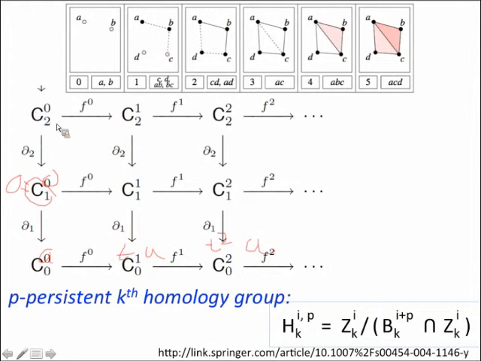Same thing, C2, I don't have anything two-dimensional here, so this will also be 0. My C0 at time 0 is generated by both A and B, and so we know what our zero-dimensional chains, our one-dimensional chains, and our two-dimensional chains are at time 0, and we can also see that pictorially.